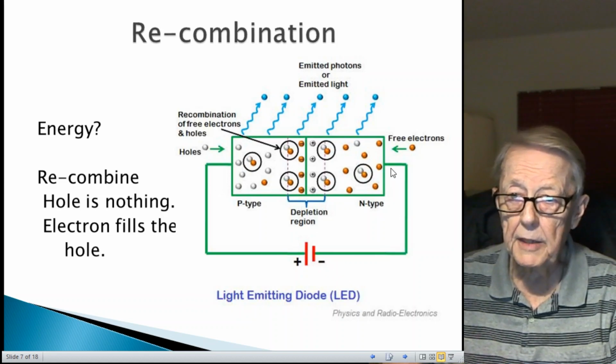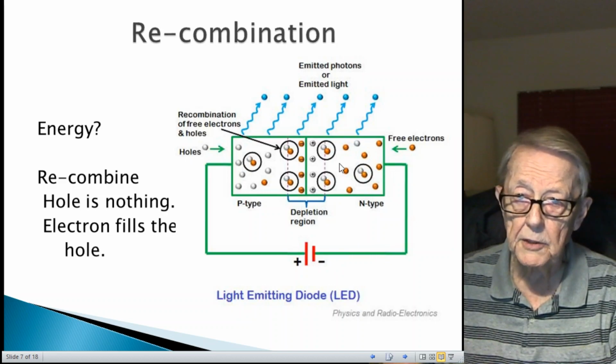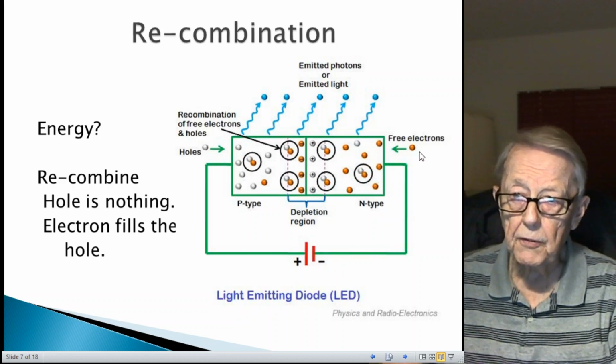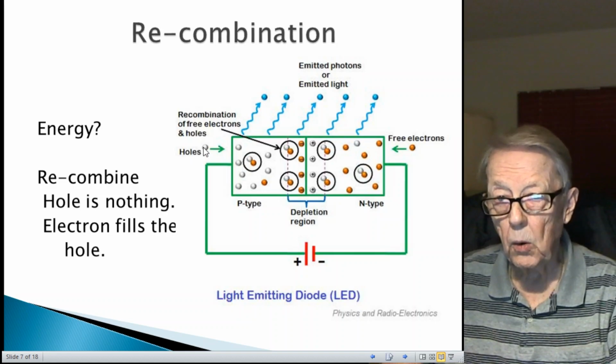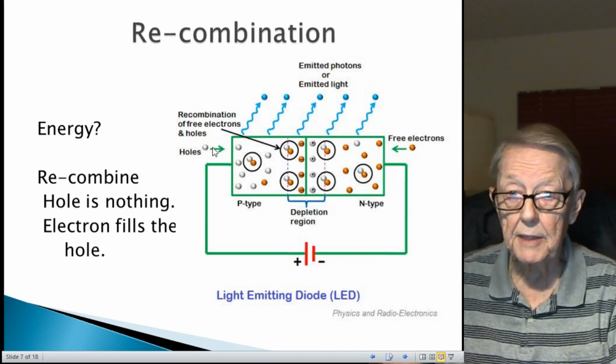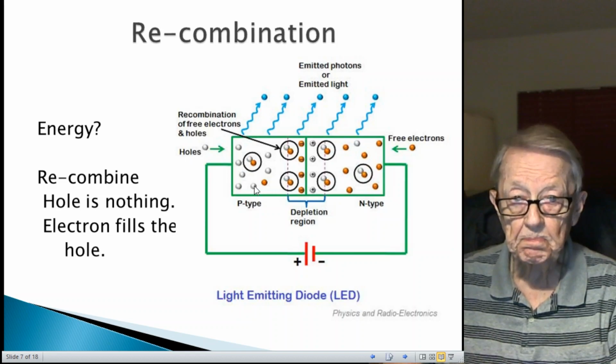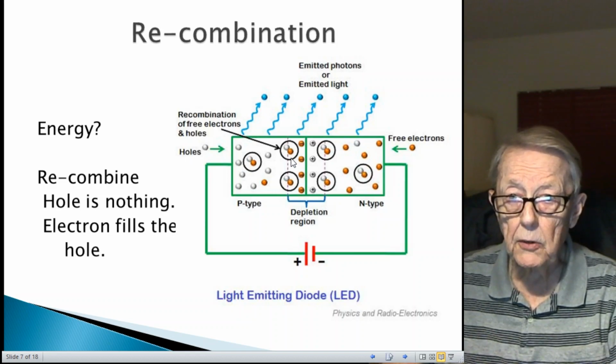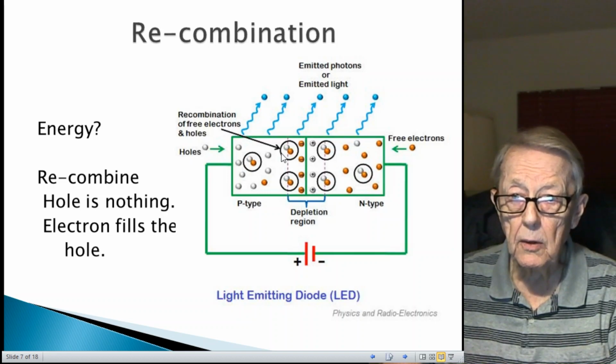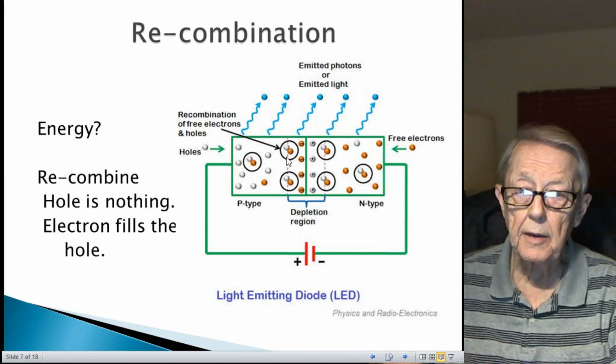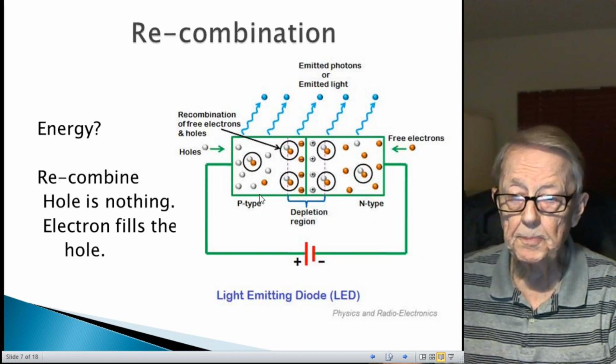The negative side is connected to the n-type, where there are more negatively charged electrons, and so the negative repels the negative and pushes the free electron this way. And by the way, holes are supposedly positive, although holes are nothing. How in the world you push nothing is a little bit curious. But you can see here where the electron and the hole recombine and emit the photon.